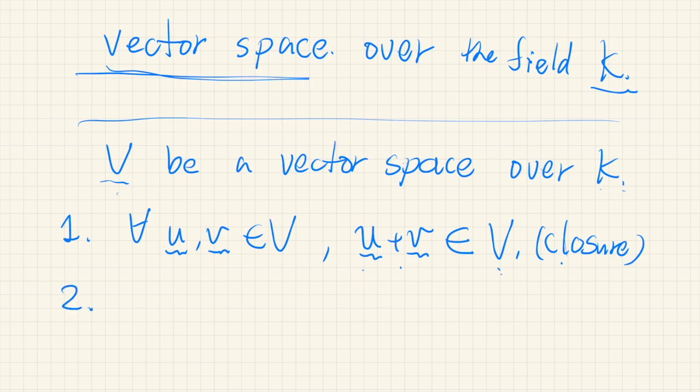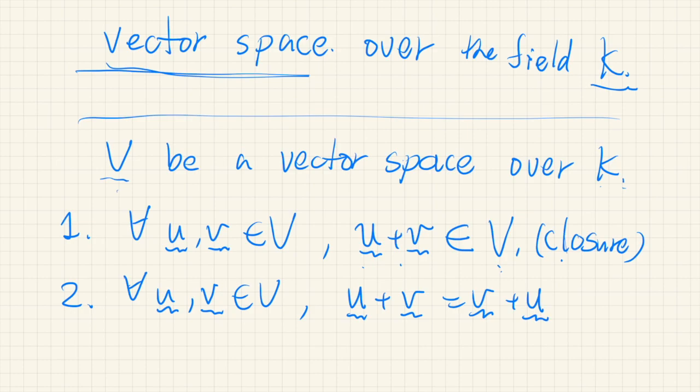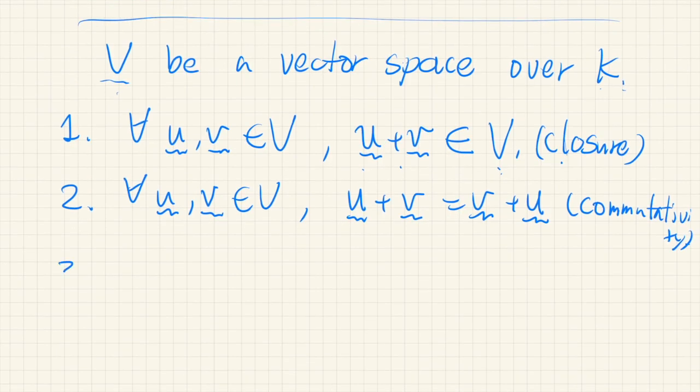And 2, for all pairs of vectors U and V in the vector space, we have U plus V is equal to V plus U. So this is, of course, commutativity, just like fields.